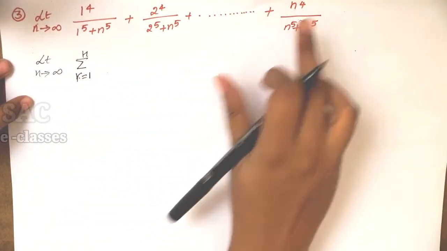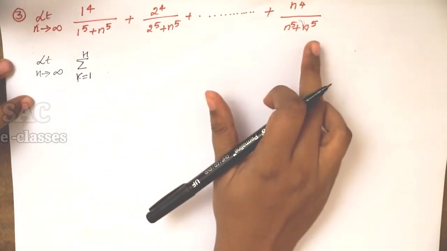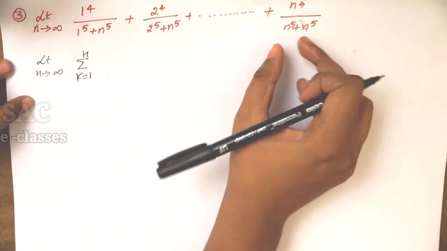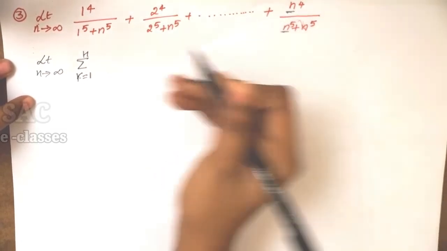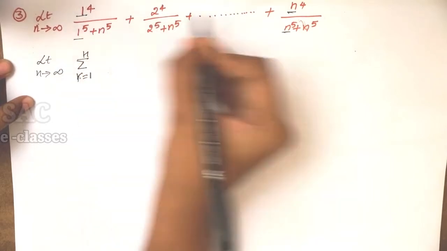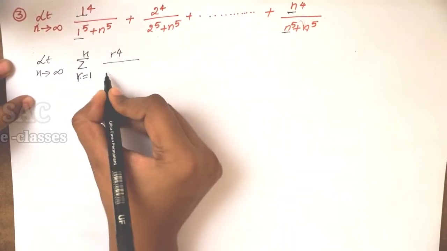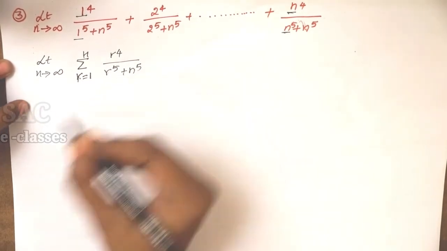The numerator is changing, and in the denominator everything else is fixed. Here 1 becomes 2. That means in terms of n power 5 plus n power 5, this one and this one are changing from 1 to n. So here what should I write? r power 4 by r power 5 plus n power 5.